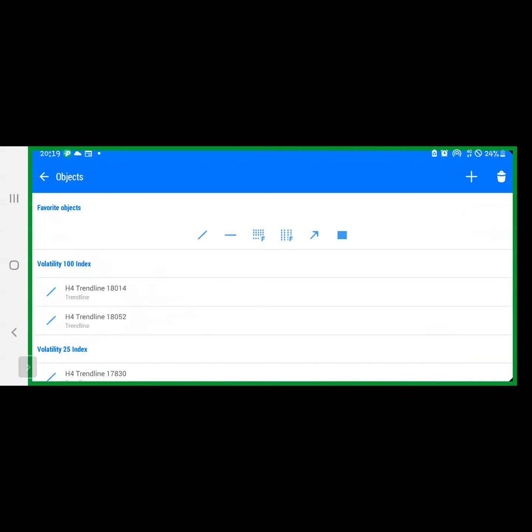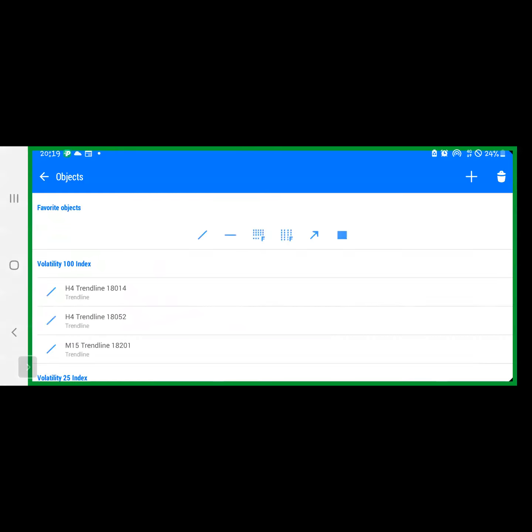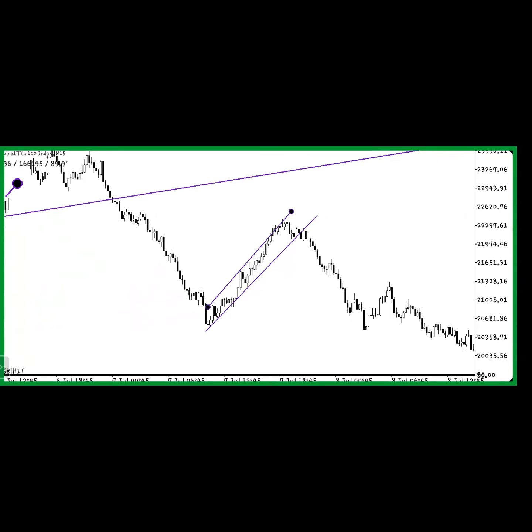Which ones are these? These small channels. The same rule applies on these too. They are just channels also, but they are small and we call them continuous patterns.